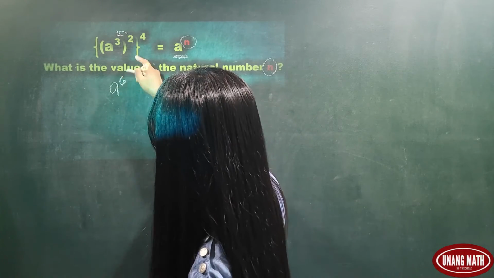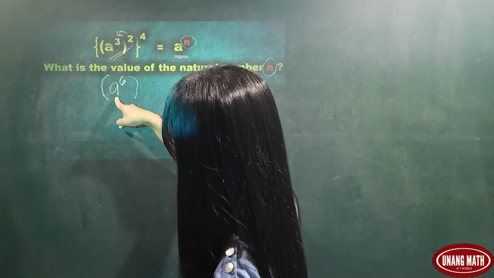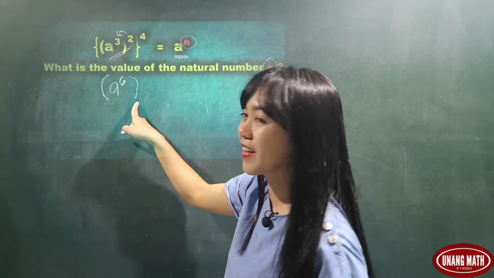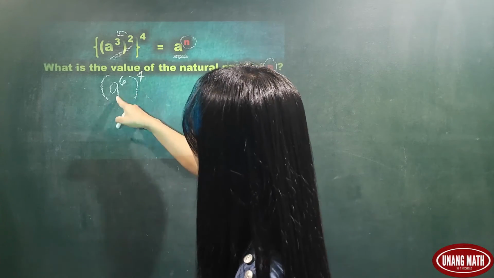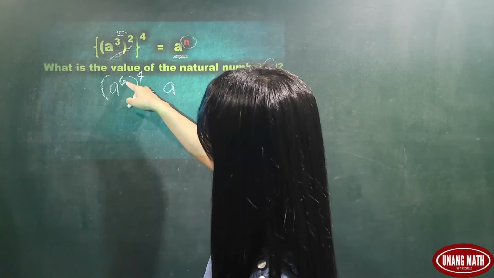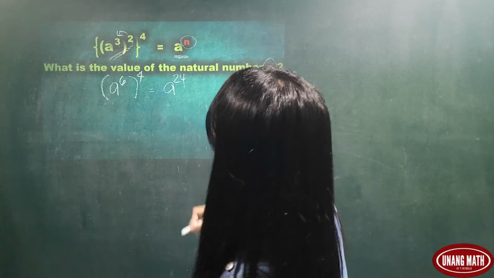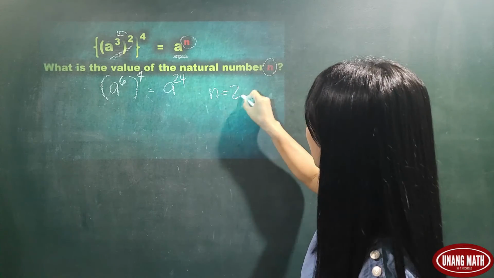So since we already simplified this part, this is a raised to the power of 6, still inside the parenthesis, and we have to raise it to the power of 4. So this is a raised to the power of 4 times 6, 24. So our n is 24.